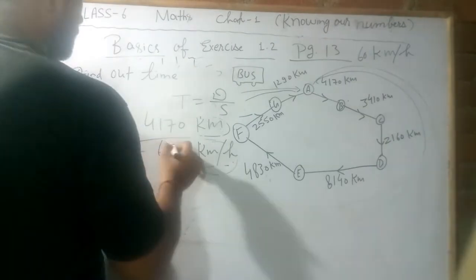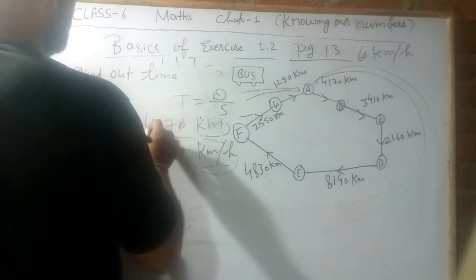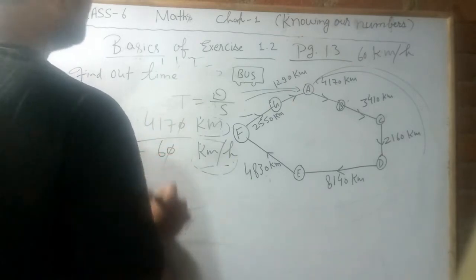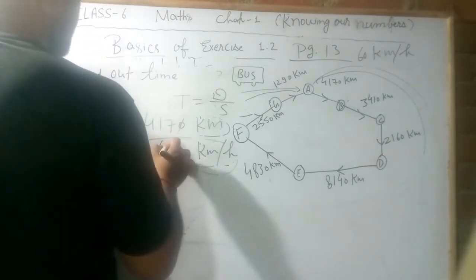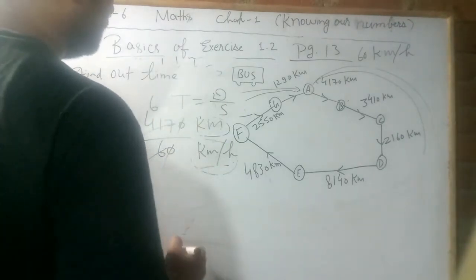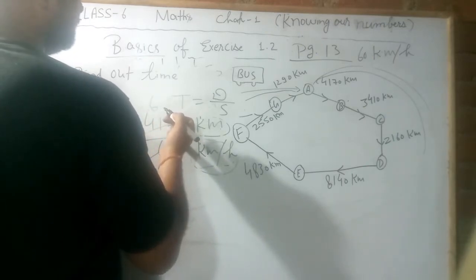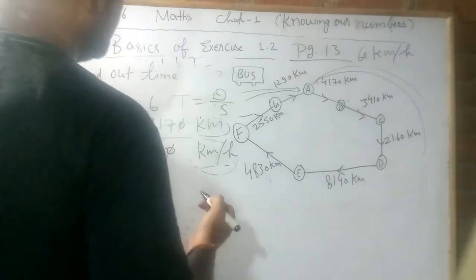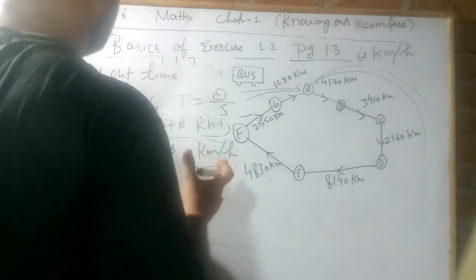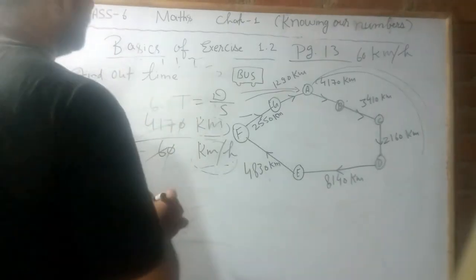Now we will divide this number by 6. 6, 36. 5 is left. 6 8s are 48. 6 9s are 54.